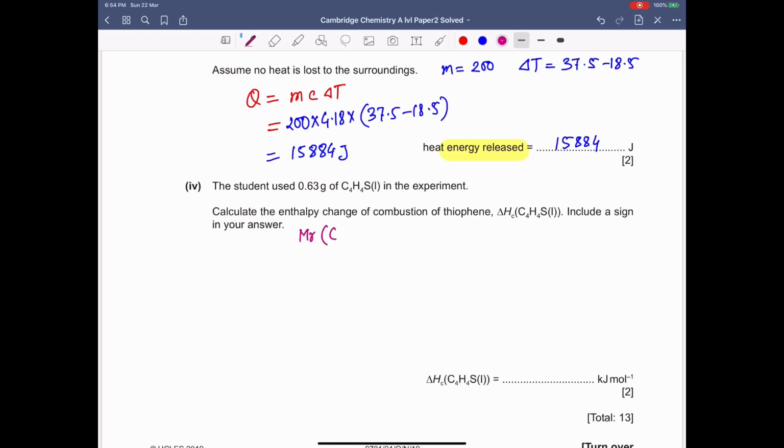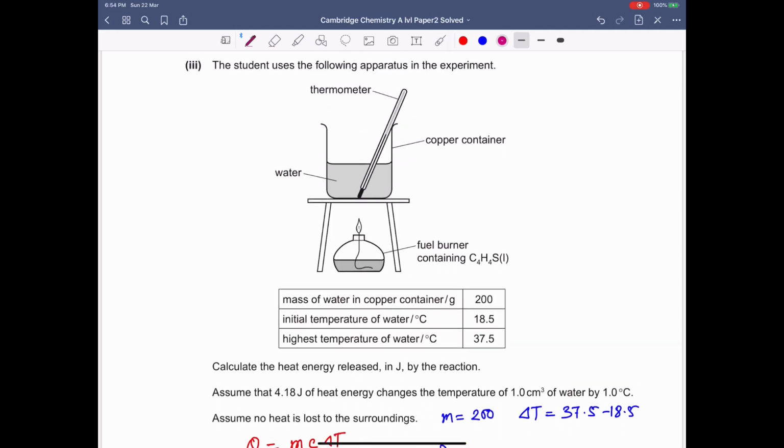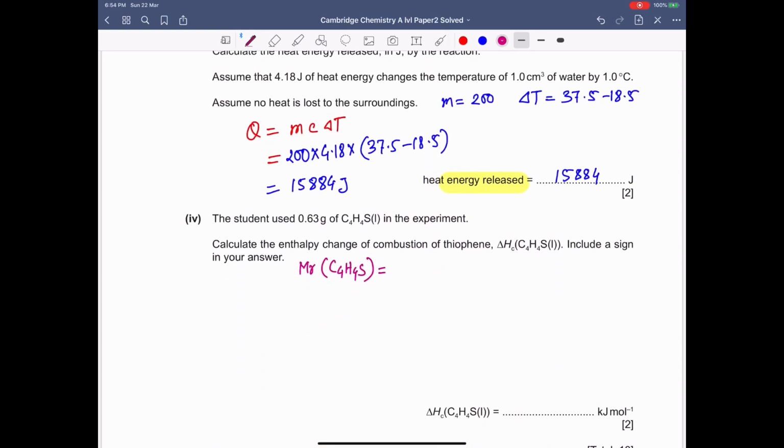of C4H4S is 12 into 4 plus 1 into 4 plus 32.1 equals 84.1.